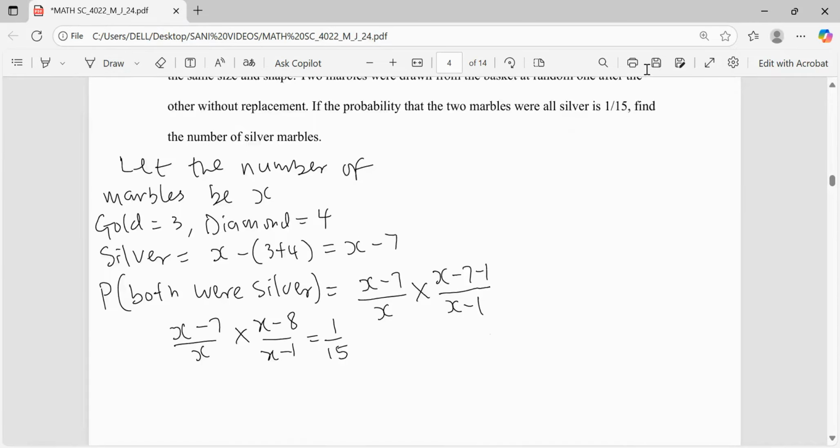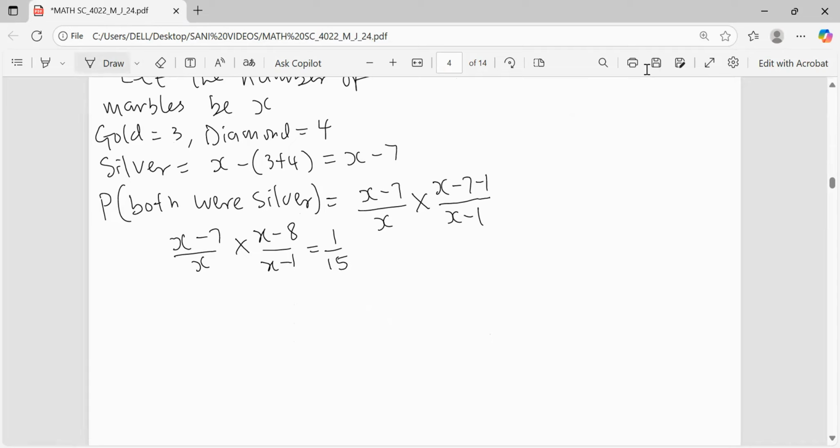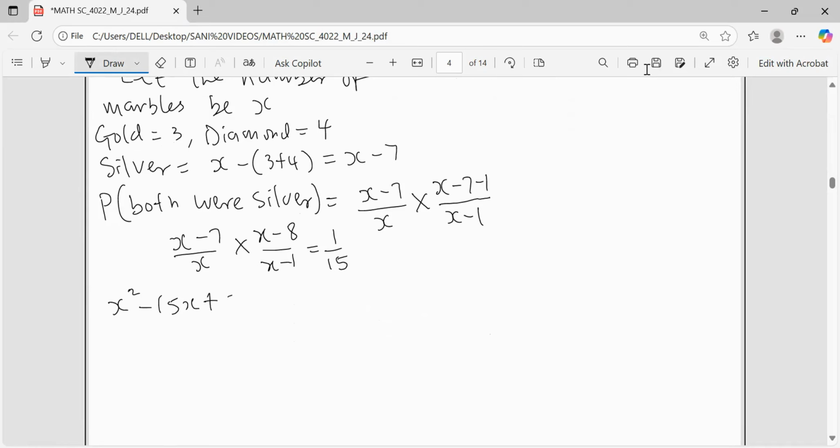Then we have x squared minus 15x plus 56 divided by x squared minus x equals 1 over 15.